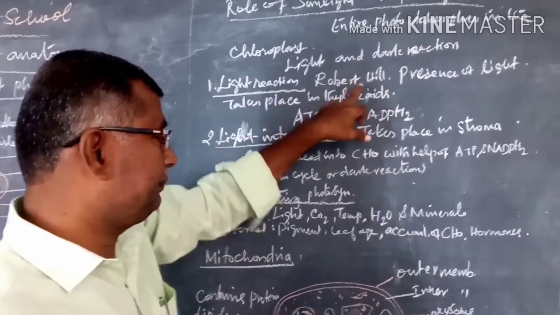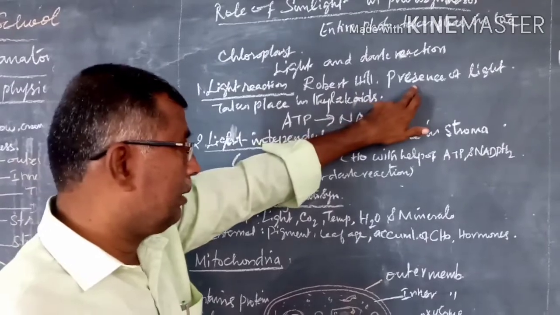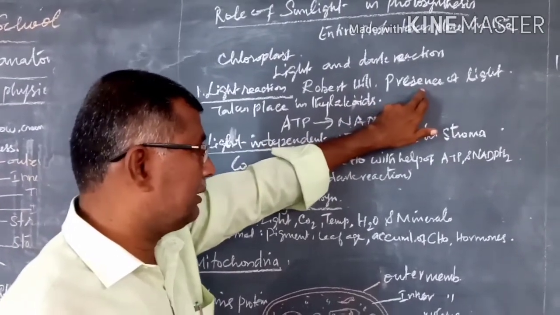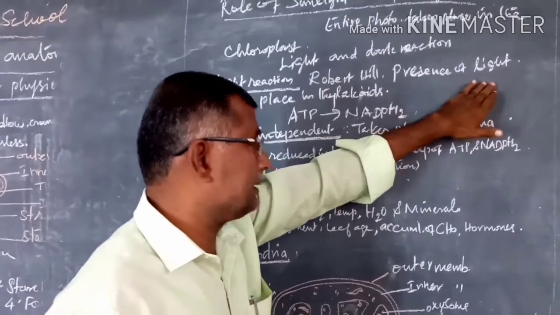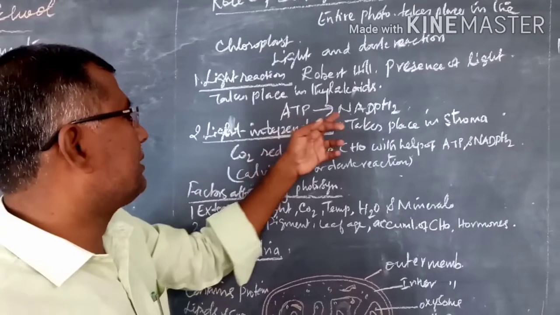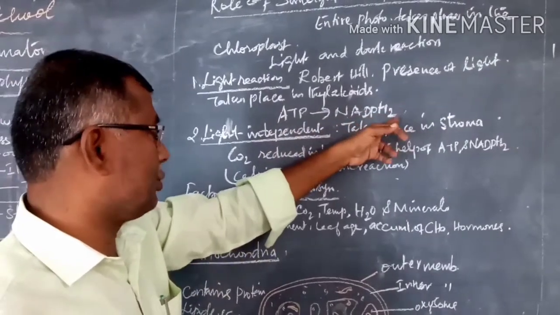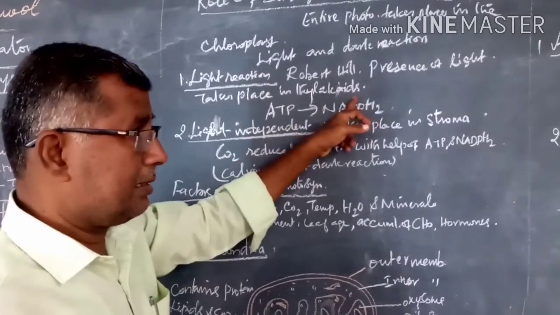Understand? This was discovered by Robert Hill. He proposed the theory that photosynthesis takes place in the presence of sunlight, where ATP is converted to NADPH2. The light reaction takes place in the thylakoids.